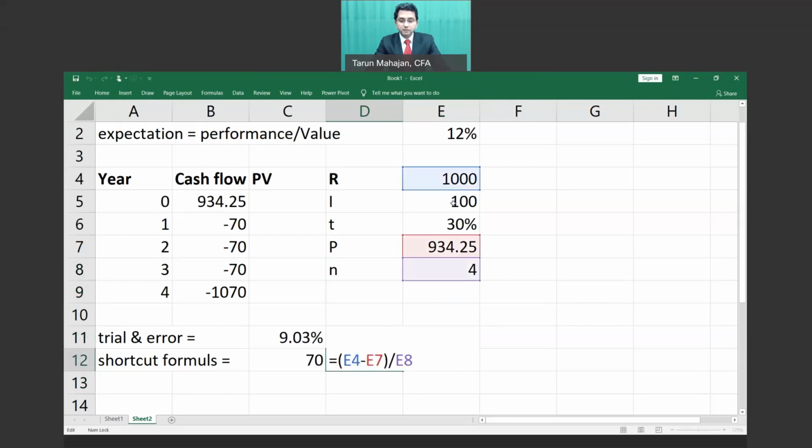R minus P divided by N is like this, plus divided by R plus P by 2.